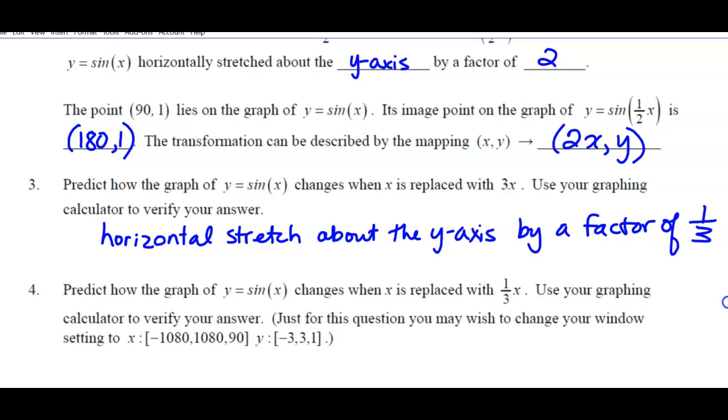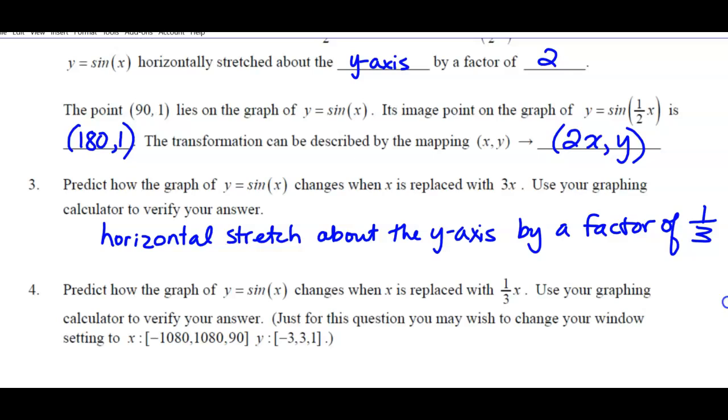And you might think, why do we have to say about the y-axis? Well, we could stretch about different vertical lines. Okay, in this course, we're only stretching about the y-axis, but that's why you should put that in there, because you could stretch about different lines.